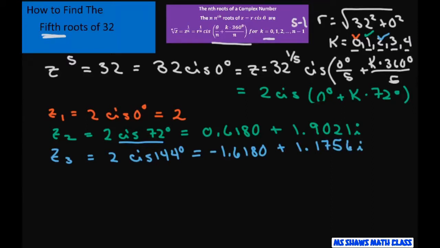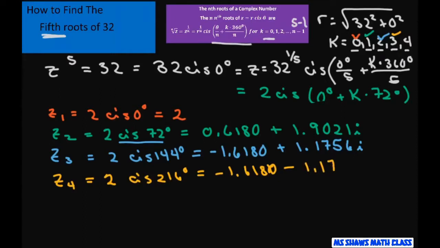All right. Next one, k equals 3. So that's going to be z4, which is 2 cis of 216 degrees. Use your calculator. You're going to get negative 1.6180. And then we're in quadrant 3 here, so it's minus 1.1756i.